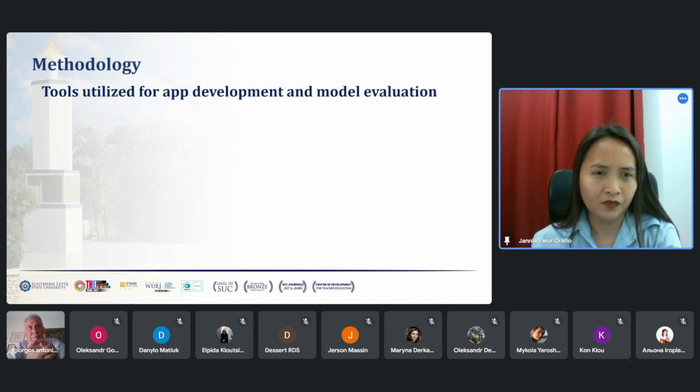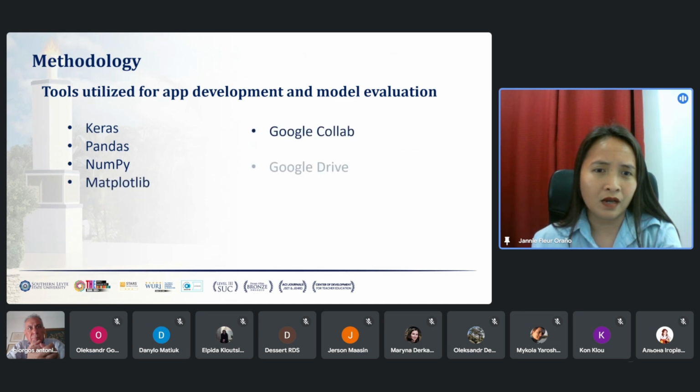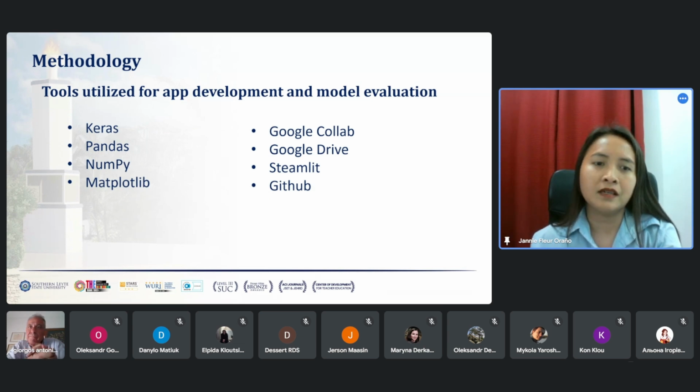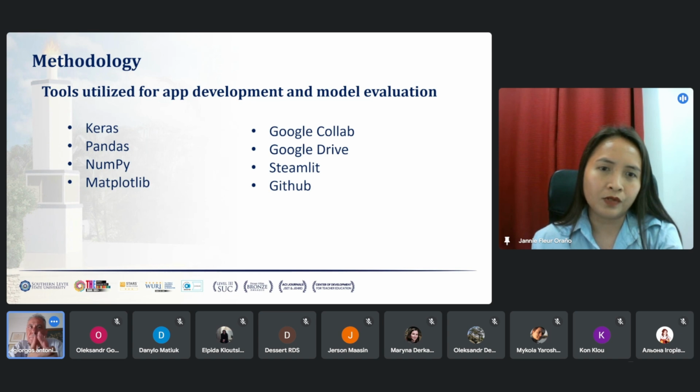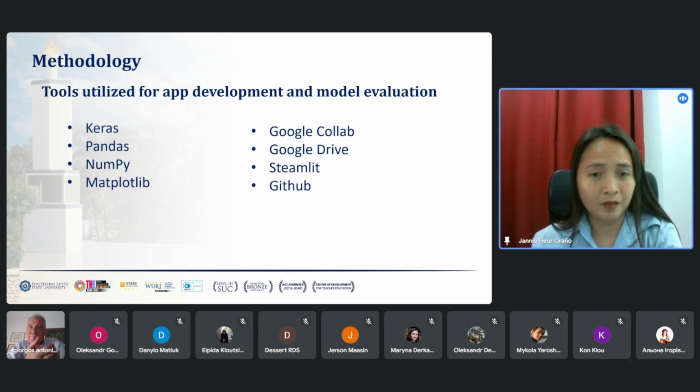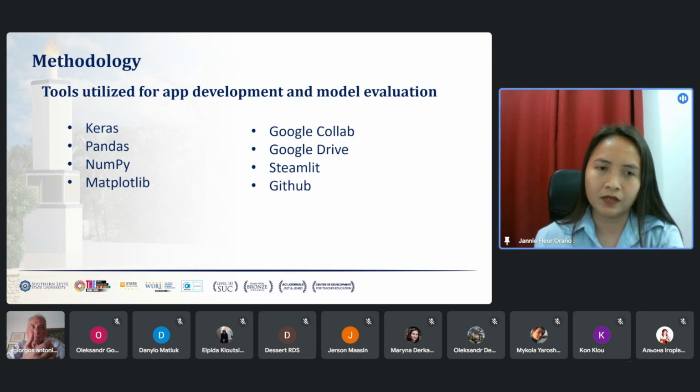For the application development, we utilized the following software and libraries: Keras, Pandas, NumPy, Matplotlib, Google Colab, Google Drive, Streamlit for the application development, together with GitHub.